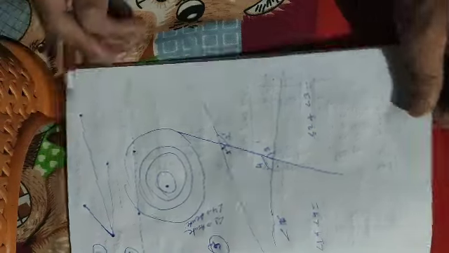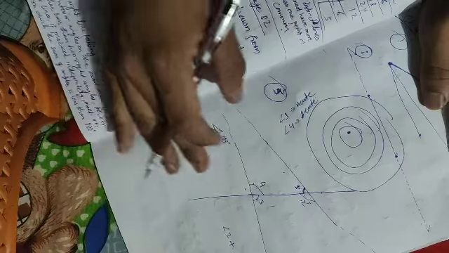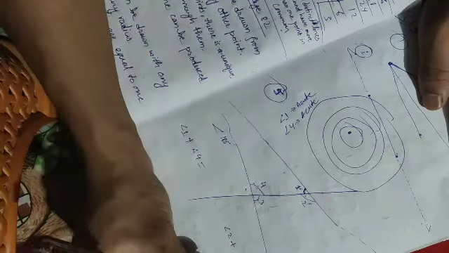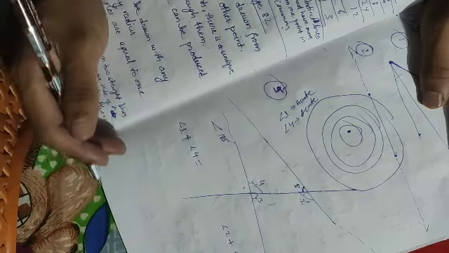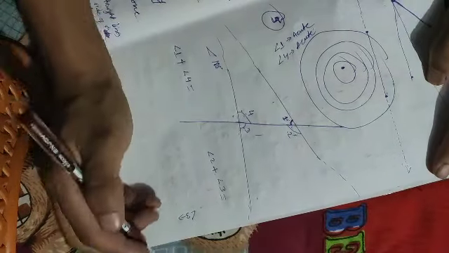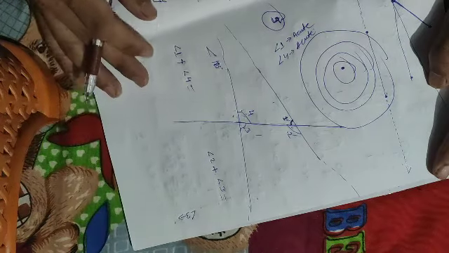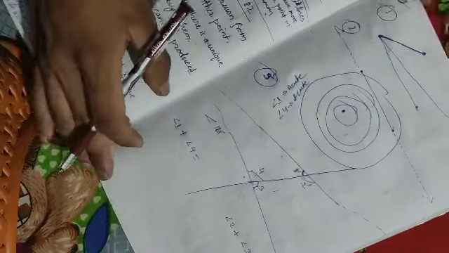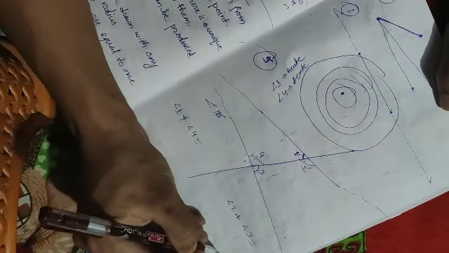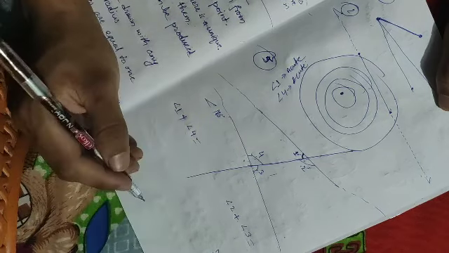But if you see like this, angle 2 is what? Obtuse, isn't it?